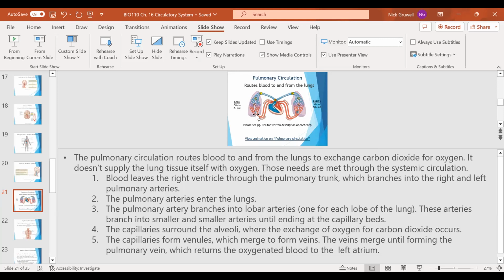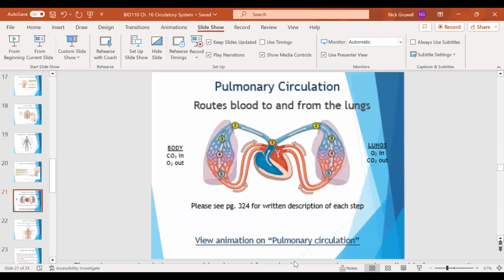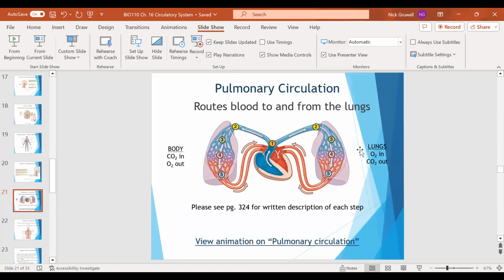Those venules are going to merge to form the pulmonary veins, and those veins are going to go back into the left atrium. If you think about it, our capillary network almost looks flipped here compared to what we were looking at in the earlier slides, because the arteries and arterioles are carrying deoxygenated blood while the veins are carrying oxygenated blood back to that left part.